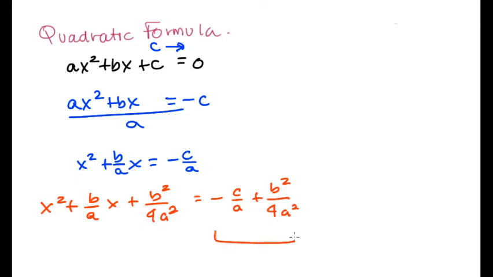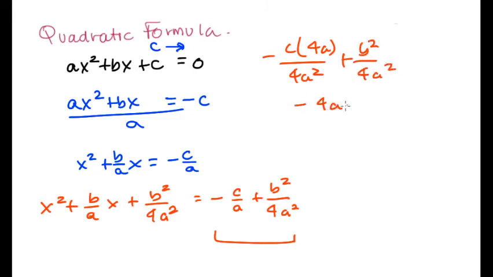What does this negative c over a plus b squared thing result in? Well, the least common denominator here is 4a squared, so we're going to multiply this c times 4a, I believe. So it can be negative 4ac over 4a squared plus b squared over 4a squared. And this is just side math here. So it's going to be minus 4ac plus b squared over 4a squared. So that's what we're going to write here.